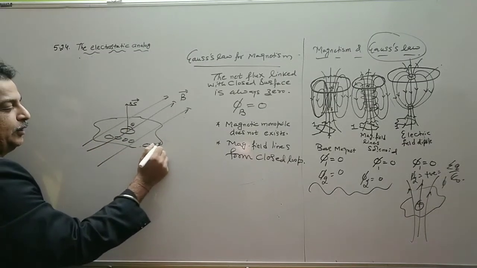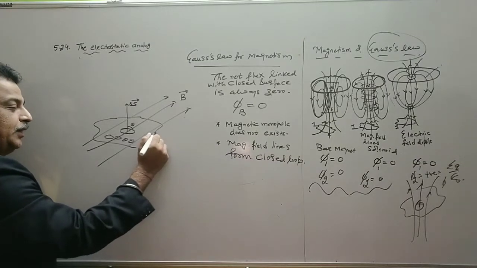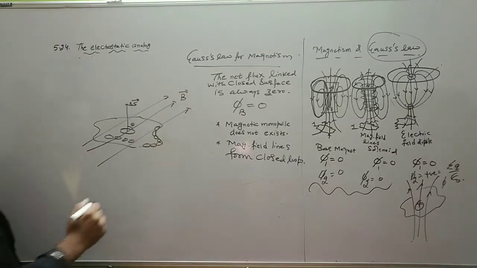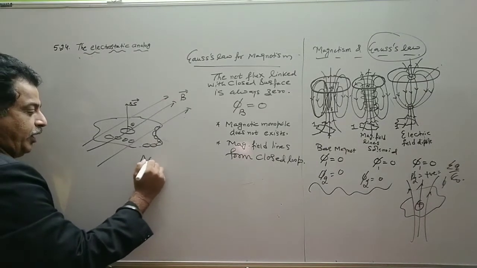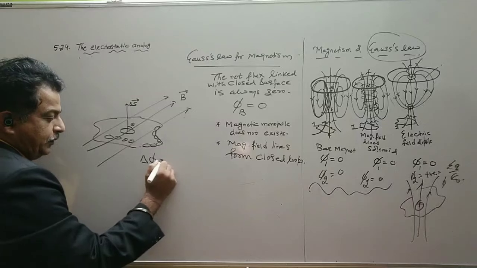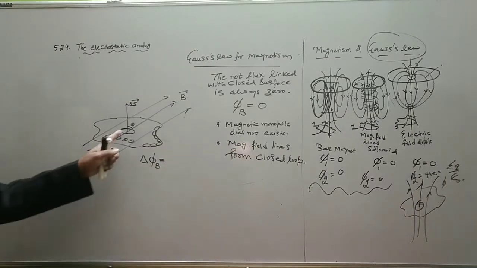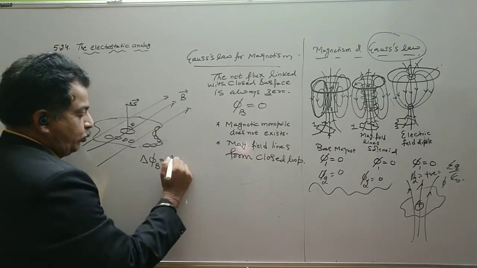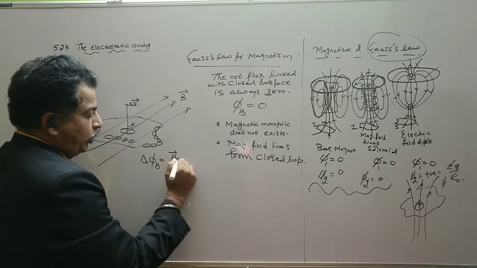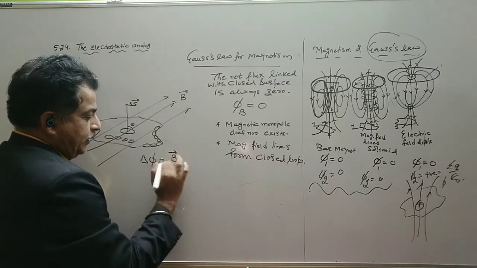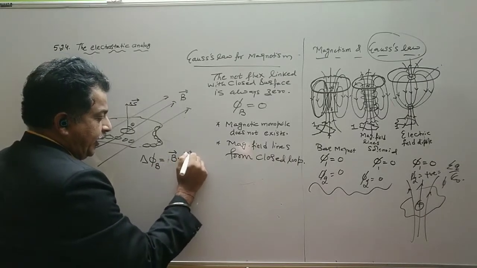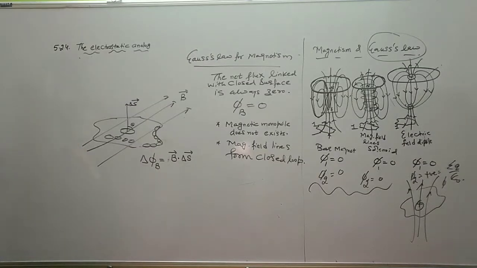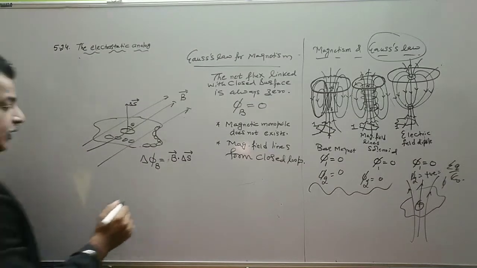We know this method that we did in chapter 1. Then we find out the magnetic flux linked with a small area element, and that would be equal to B dot delta S, similar to the electric flux, and the total flux.